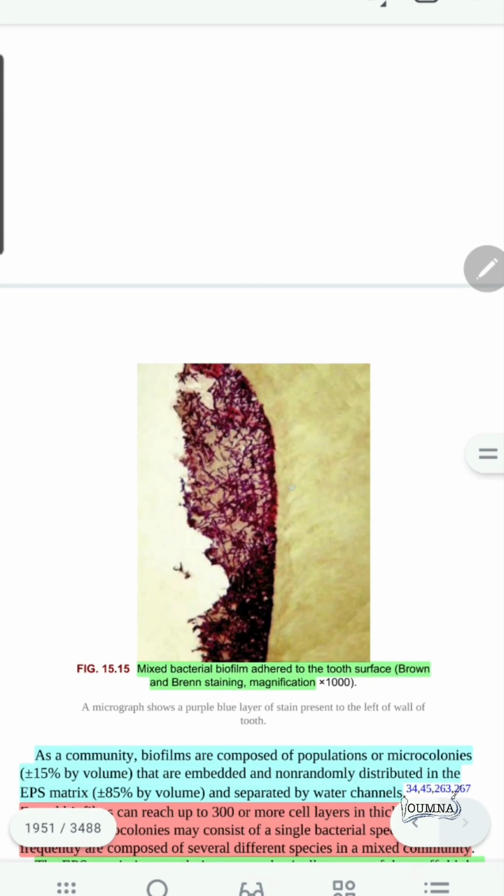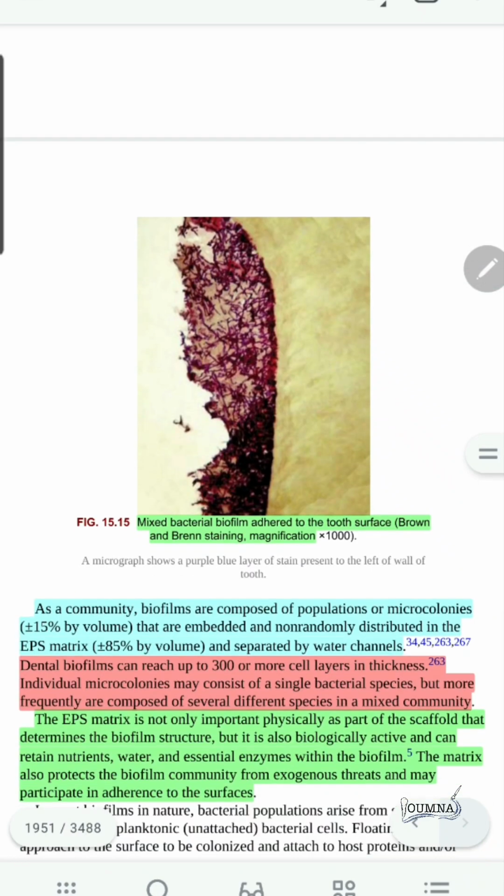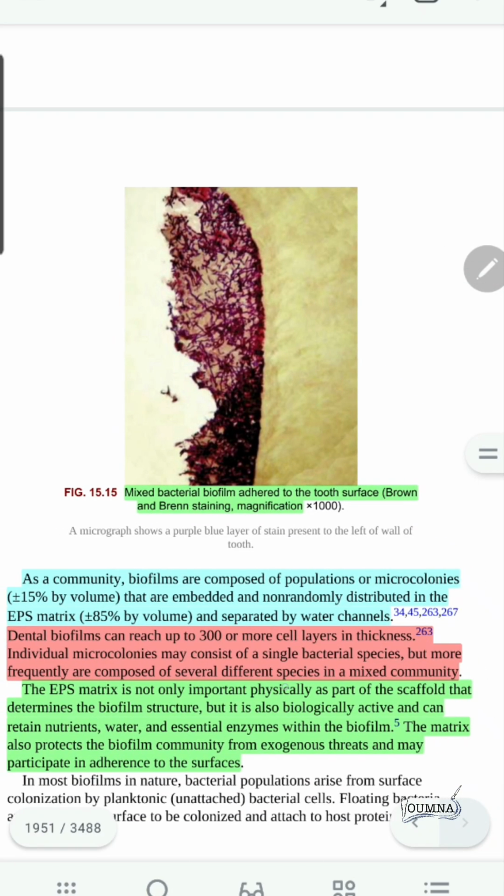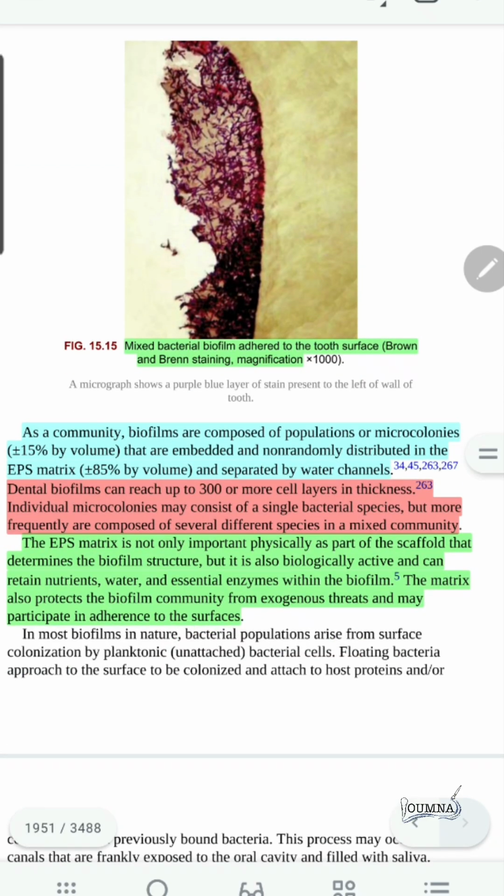We can see that these bacteria are arranged in layers that can reach 300 or more, and they are non-randomly distributed, which means that they are organized systems. They also have separate water channels between them.